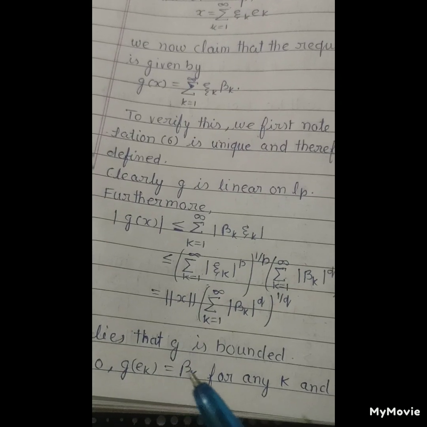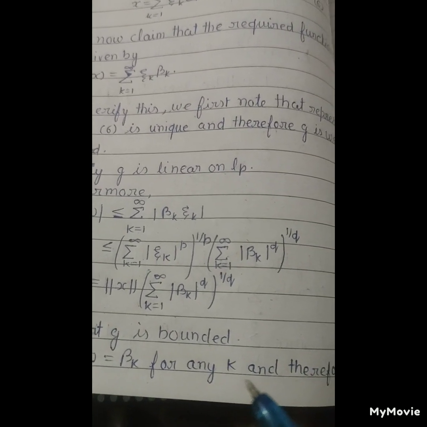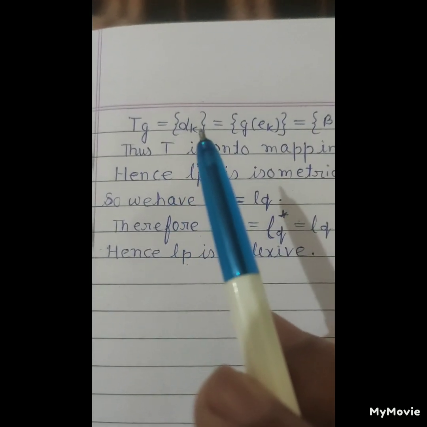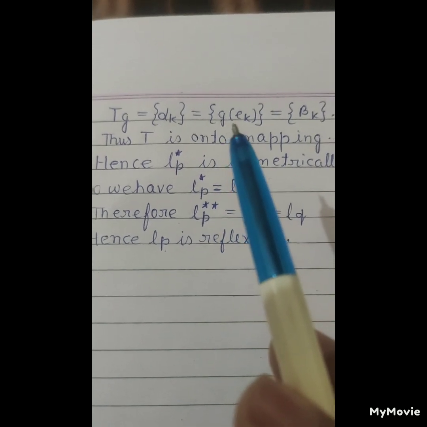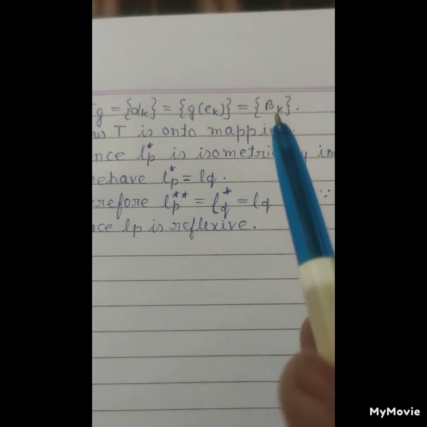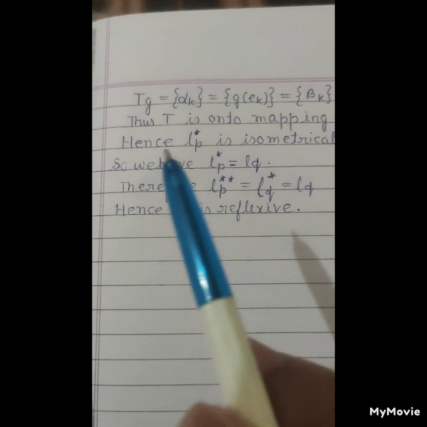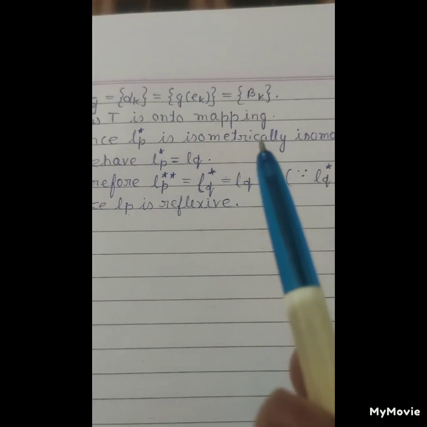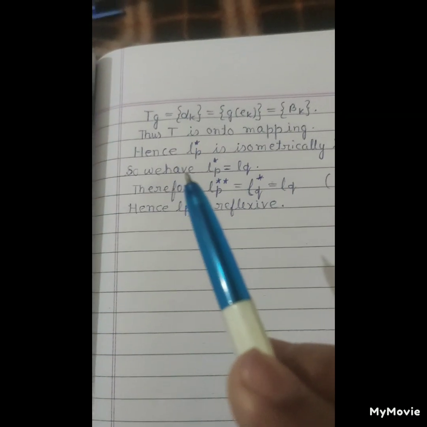Also, g(e_k) = β_k for any k, and therefore T(g) = α_k = g(e_k) = β_k. So T is an onto mapping, hence (l^p)* is isometrically isomorphic to l^q.